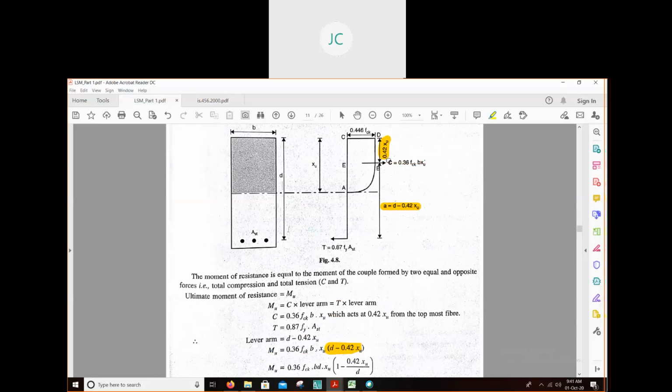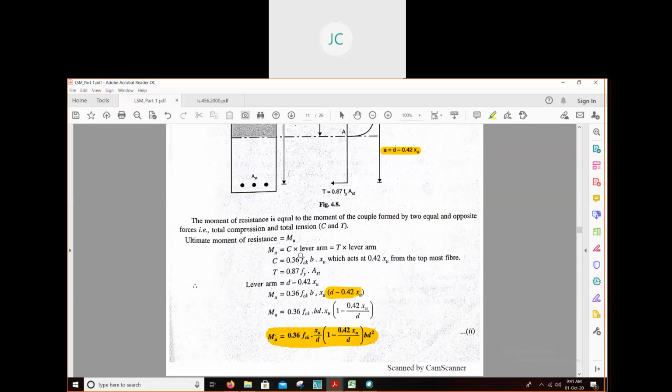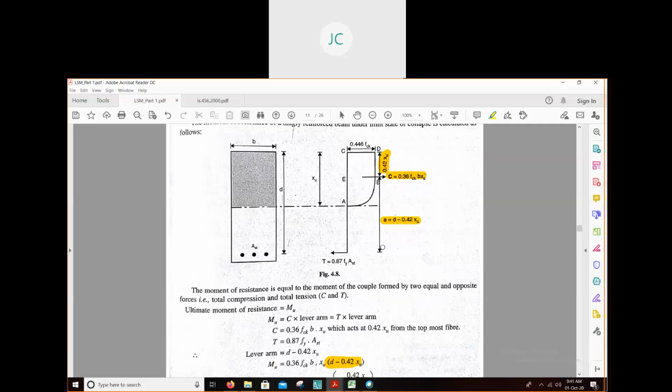The compressive force is this value, written in 456 also. So moment of resistance will be C into lever arm or T into lever arm. Lever arm means the distance between total compressive force and total tensile force.